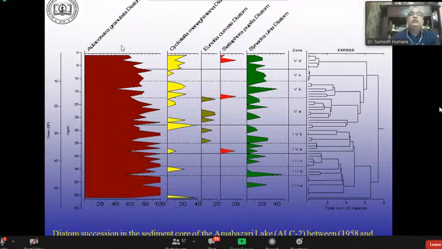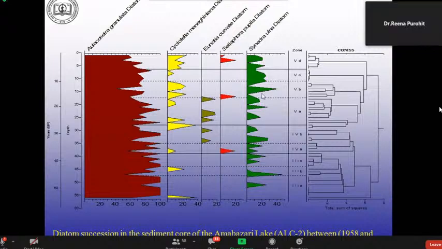Here you can see that some diatoms are common in almost all conditions, so you need to take into account the other types. For example, here you have the dominance of Aulacoseira granulata in almost the entire core. You should see this other type, Cyclotella meneghiniana, which is found in mesotrophic to eutrophic environments, in response to this benthic diatom.